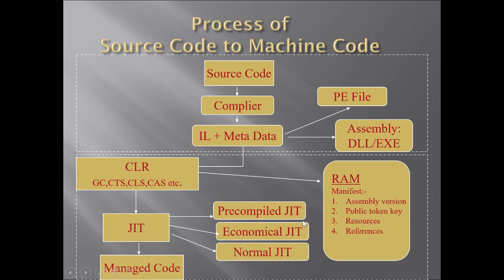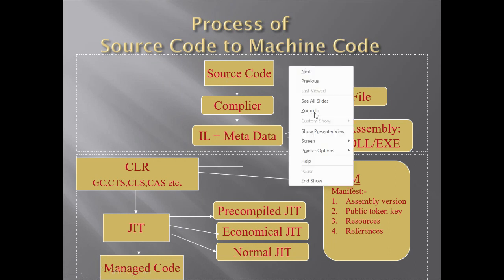This is the diagram that I prepared, and I'm trying to explain all the components which are performed during the compiling phase, or all the processes that happen throughout the CLR process. So the first step is the source code.